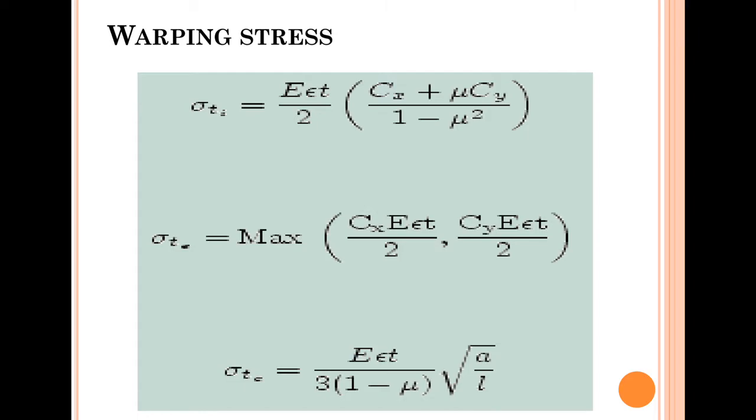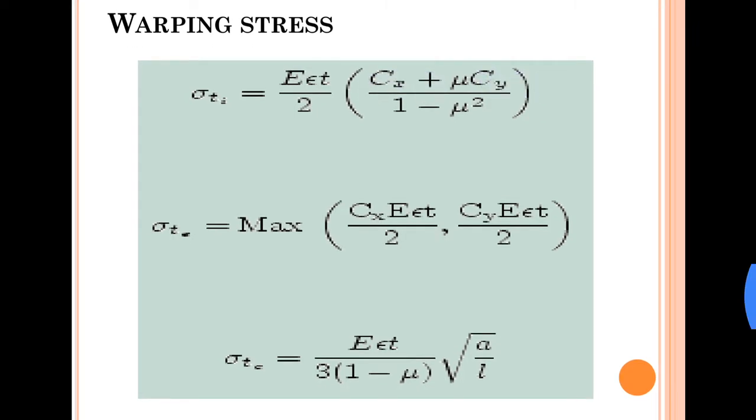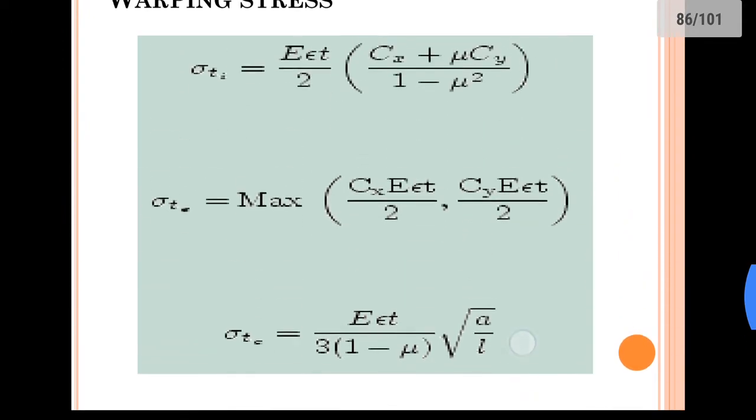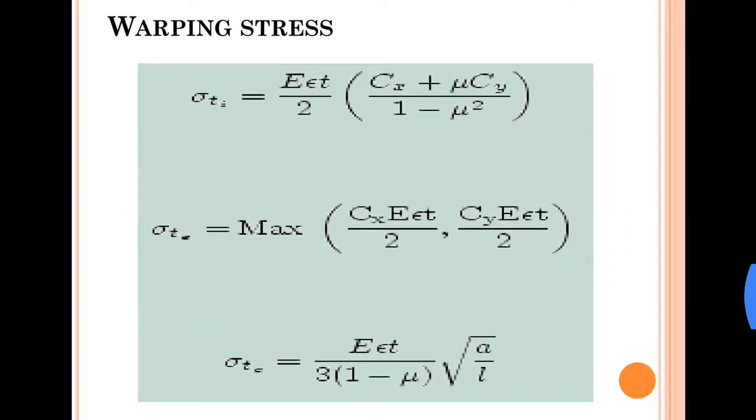Mu is Poisson's ratio. Then what about Cx and Cy? Cx is the coefficient of direction along x, which depends upon the ratio Lx by L, that I will discuss in detail while I solve the problems. So Cx and Cy are coefficients along direction x and direction y.